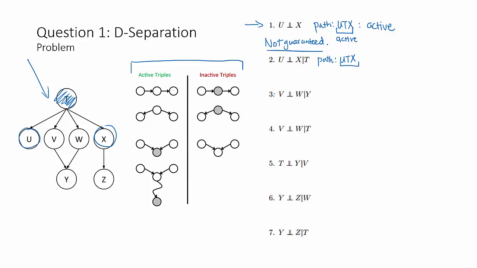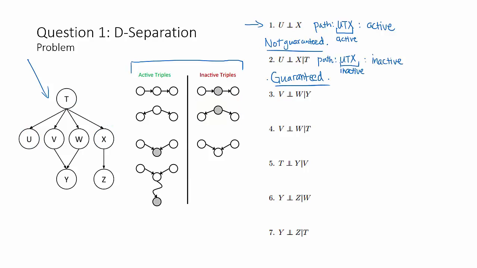This is a common cause triple with the middle node observed, and so it looks like this. This triple is inactive, and so since we have found one inactive triple along this path, this whole path is inactive. Since all the paths from u to x are inactive, we can return that it's guaranteed that u and x are independent given t.